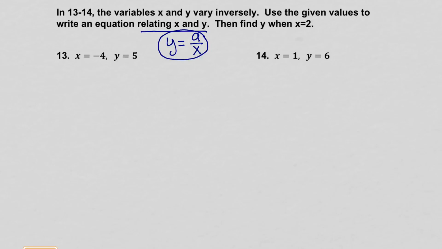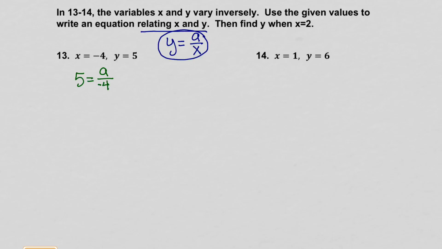But then, once we find a and write that equation, we want to find out when x is 2, what y is. So, 13 gives me an x and it gives me a y. So into that equation, I'm going to plug in the y equals a over x. All right.